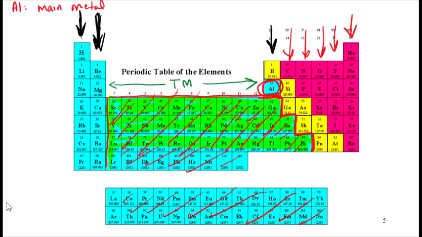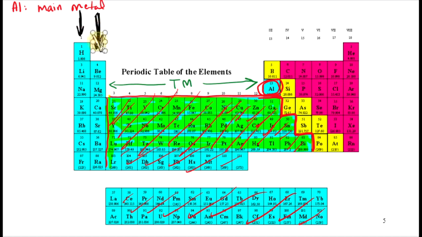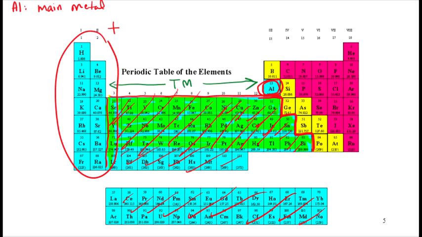So let me go back to the previous slide. Alright guys, if you remember, I told you metals make positive ions or cations. Transition metals are metals, positive. Aluminum, main metal, positive.